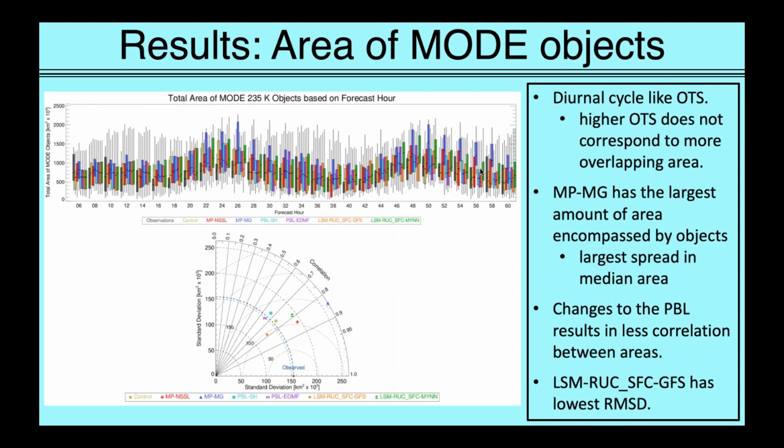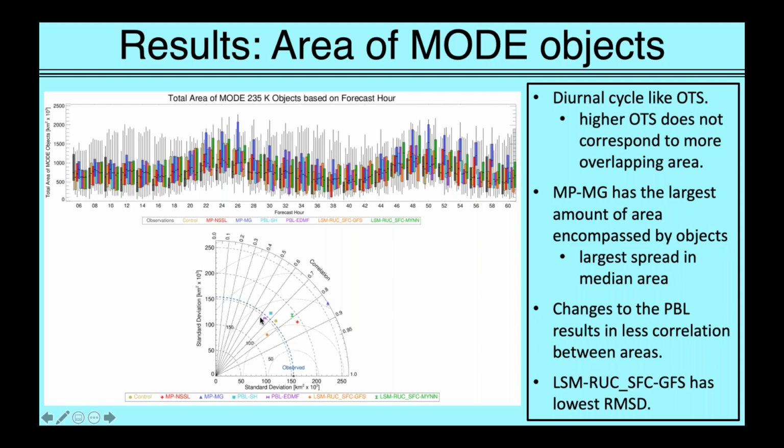The Morrison-Gettleman microphysics has the largest area encompassed by objects. It also has the largest spread in the median area, which we can see based on the standard deviation. Changes to the PBL result in less correlation between median area, our teal and our purple here.